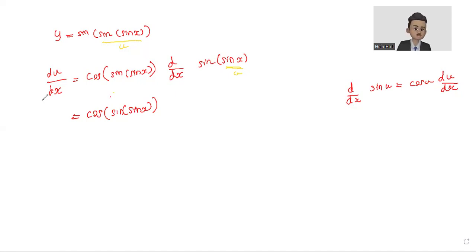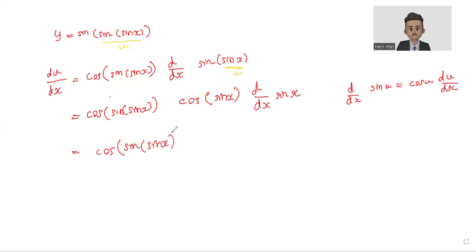So for this one, you get cos u, where u is sine x, and then differentiate again, where u is sine x. Let me rewrite this: cosine of sine x, and this one also cosine of sine x.